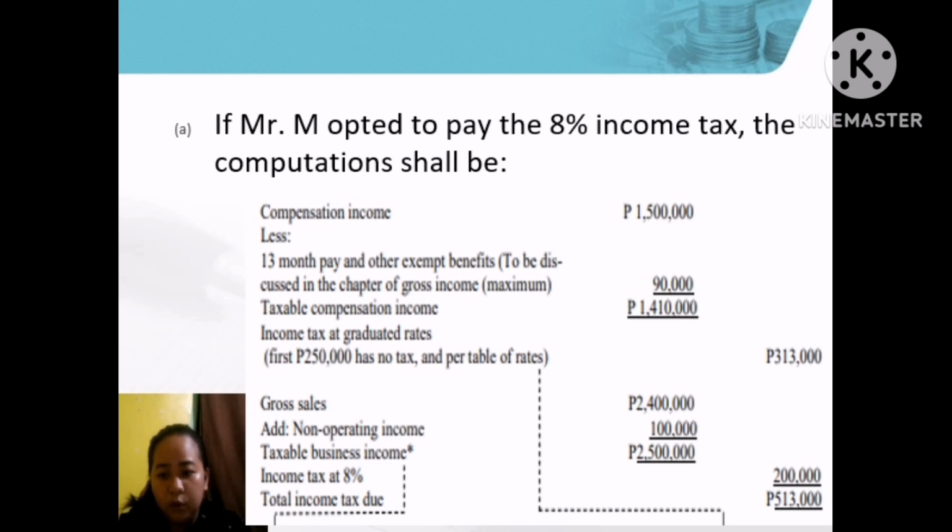So, yung kanina po nating 2,400,000 ay magiging 2,500,000. So, ngayon po, yung income tax nito at 8% ay magiging 200,000 po. So, ngayon po, yung ating total income tax due ay equals to 513,000 pesos.